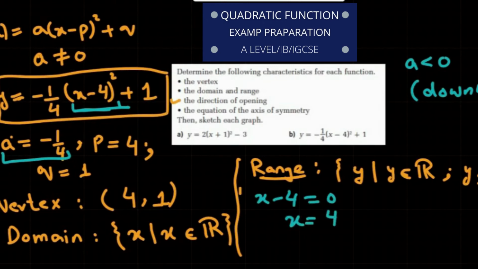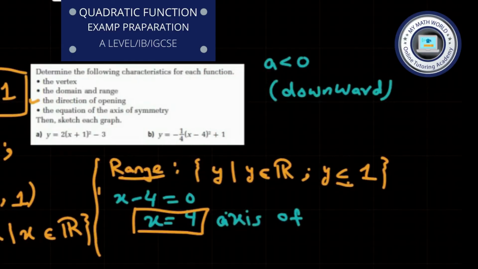This is the equation for the axis of symmetry. Okay, so we can write the axis of symmetry over here. Then we need to draw the sketch.